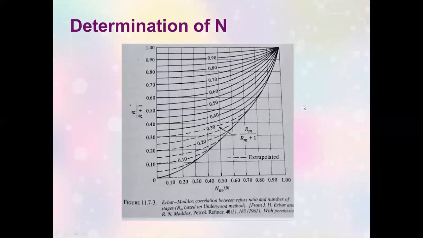Everything has already the solution on how to determine the geometric mean of the relative volatilities. That way, in determining the theoretical number of stages, you will not have to rely on anything graphical in nature, meaning you will have to solve everything. Because in the board exam, you will not do the plotting anymore. So in this case, this is the kind of graph that you will be using.